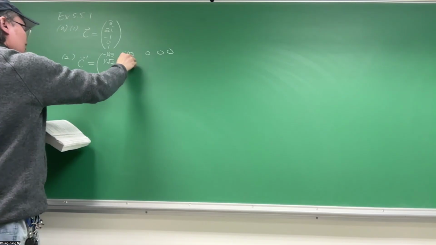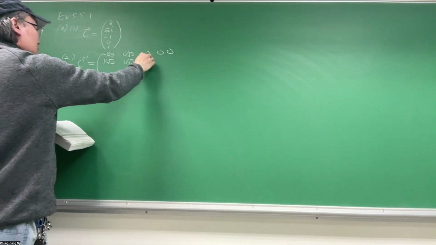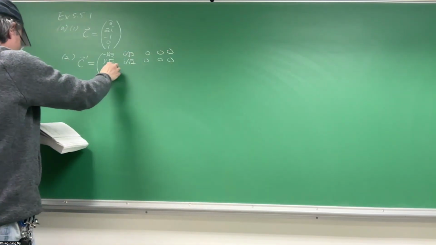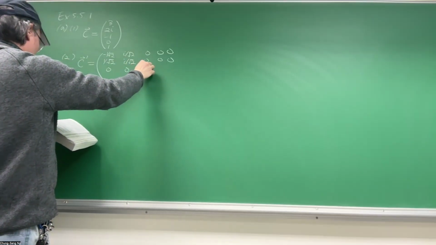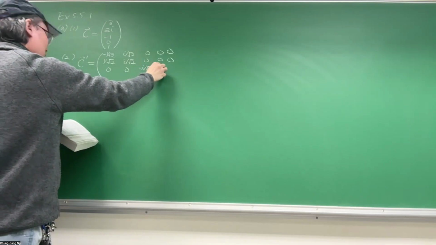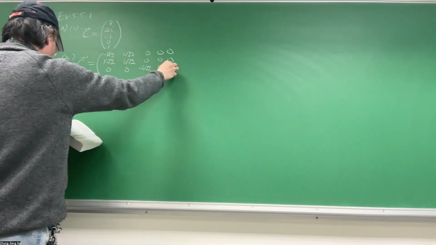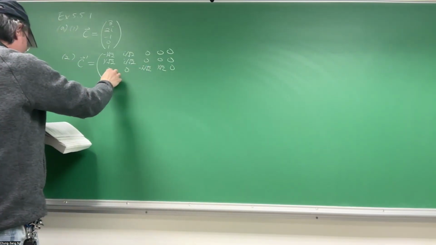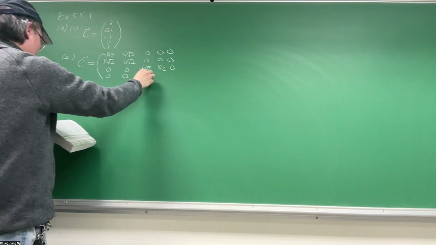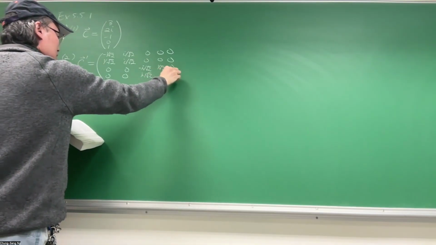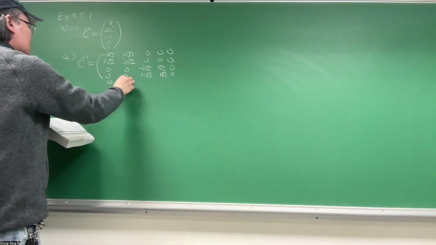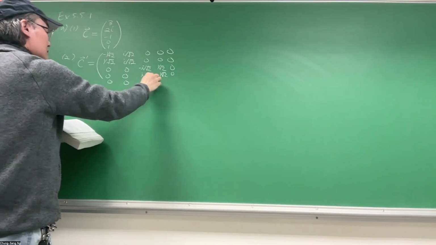Again, I over square root of 2 0 0, 0 0 1 is I square root of 2, 1 over square root of 2 0. Zero, zero, zero, zero, zero.